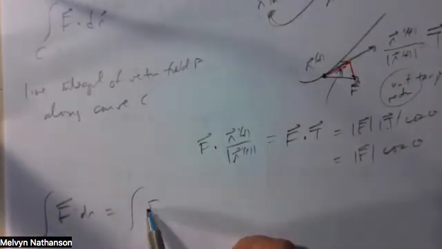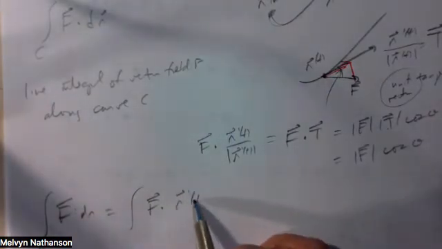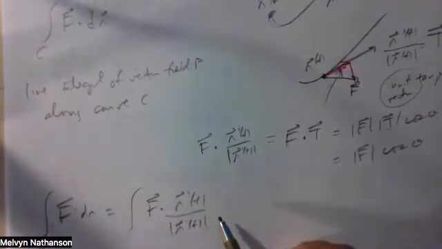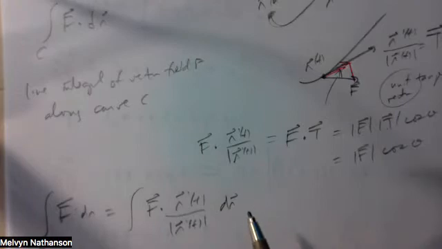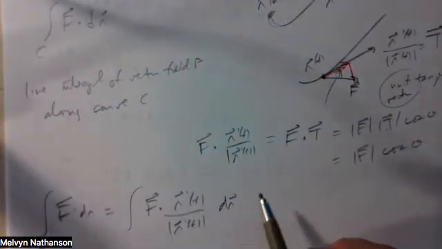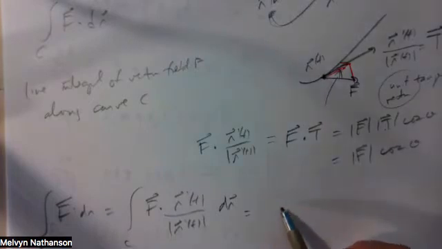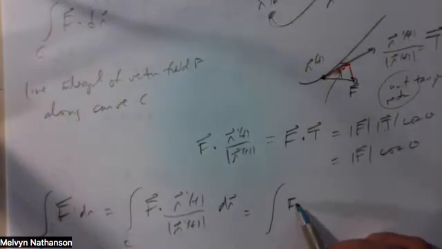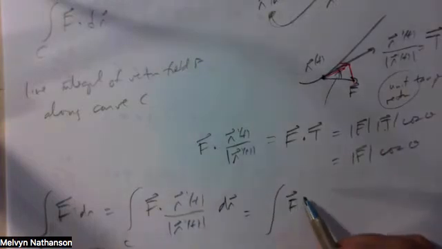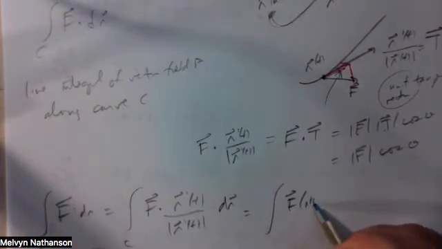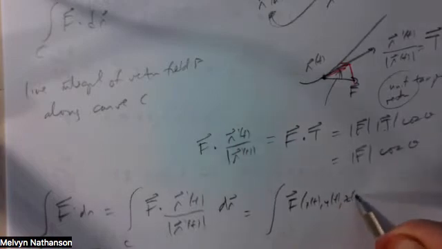So this is all just review. The line integral of F dr is the integral of F dot the tangent vector. So this is F dot r prime of t over the length of r prime of t, dr, and this is really then the integral of F of x of t, y of t, z of t.